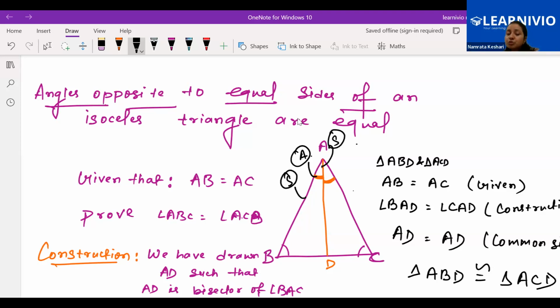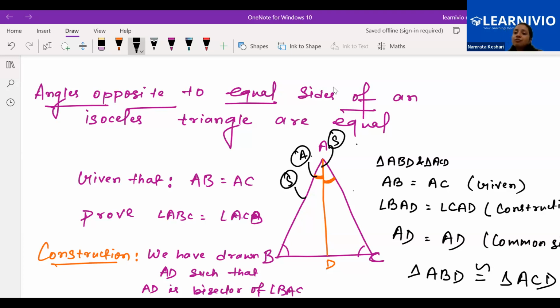Previously we have used this theorem a lot of times without even thinking about the proof, but since now we are mature enough that we understand the concept of congruency and it can be proved with its help, hence we are trying to do so.